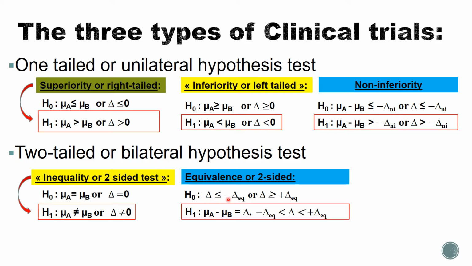Then the null hypothesis would be that the difference between the two drugs would either be less than or equal to the lower threshold, or it would be greater than or equal to the upper threshold.